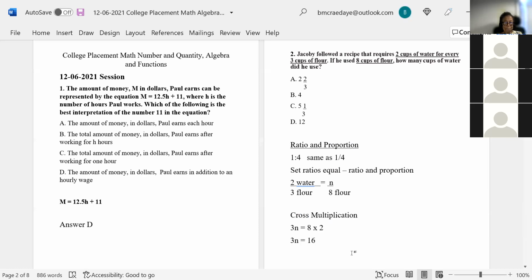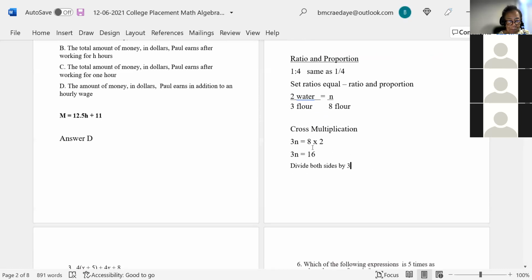So if 3n is equal to 16, how do we solve for n? We're looking for n, the cups of water. Divide both sides by 3. That's right. So do that, and what do you get?